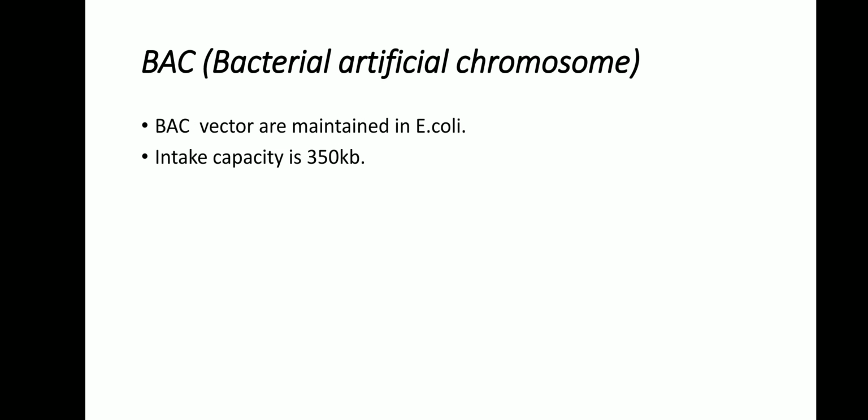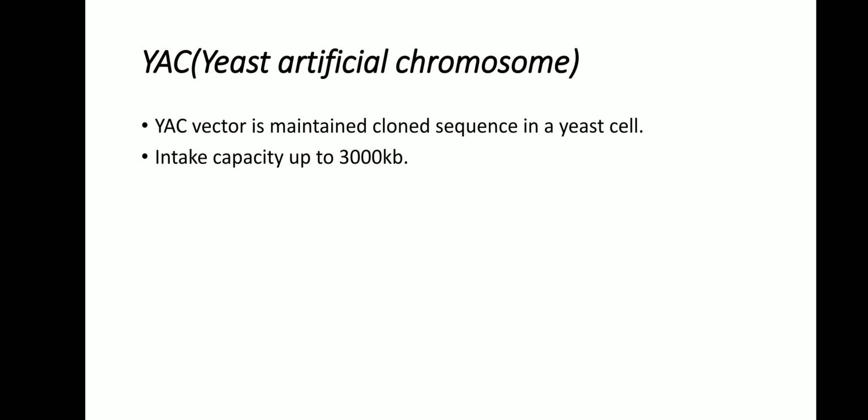The intake capacity of the BAC vector is 350 kb, and the intake capacity of the YAC vector is up to 3000 kb. If the foreign DNA is large, up to 3000 kb, the YAC vector is capable of carrying it, and the foreign DNA is inserted into the YAC vector, forming a recombinant molecule.